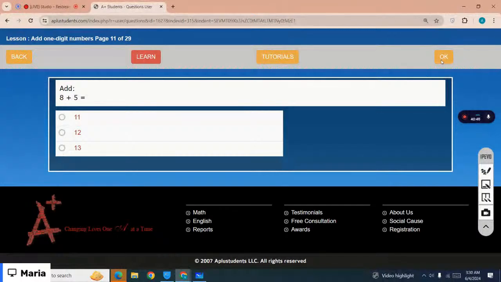The correct option is 13. 8 plus 5 is 13.